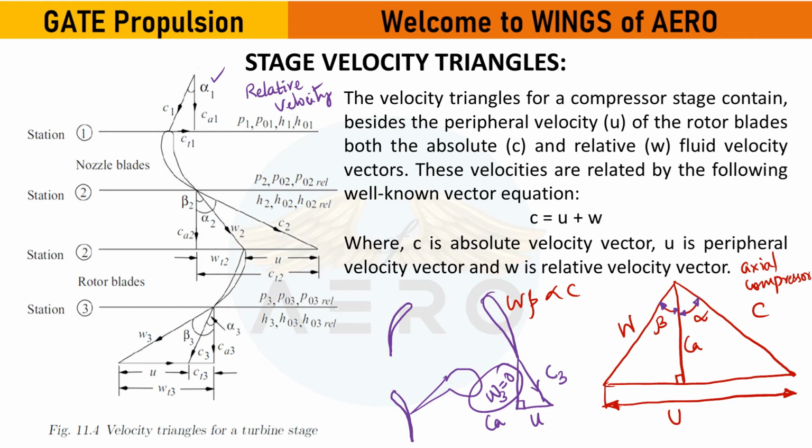When it is entering and hitting the nozzle blade, this is the absolute velocity and this is the axial velocity. Now when it is expelled out from the nozzle blade, the velocity triangle becomes something like this, which is overlapping with each other.